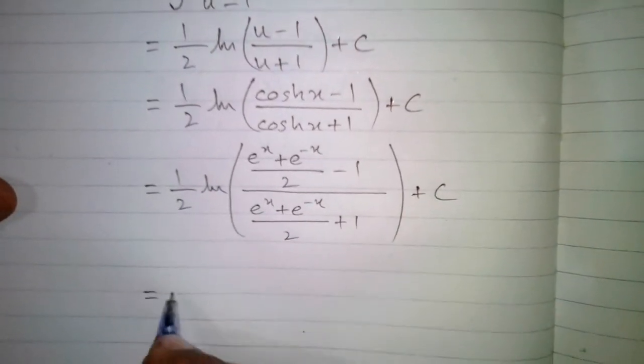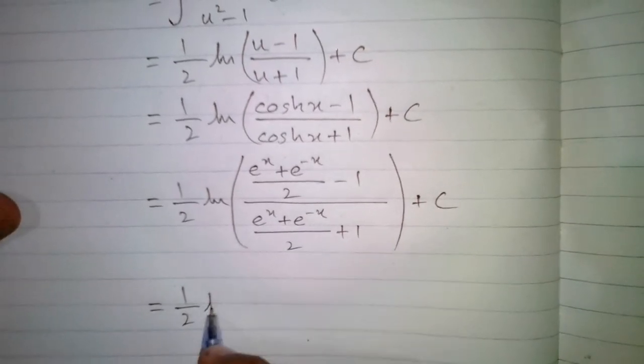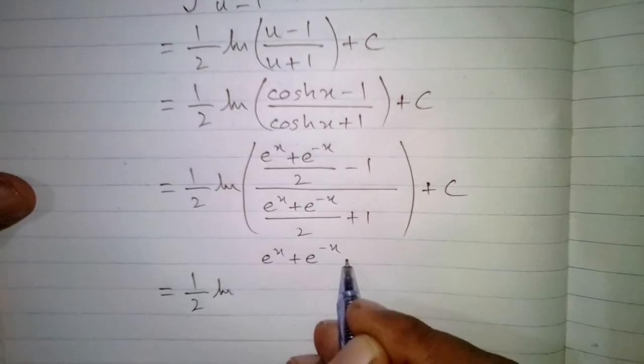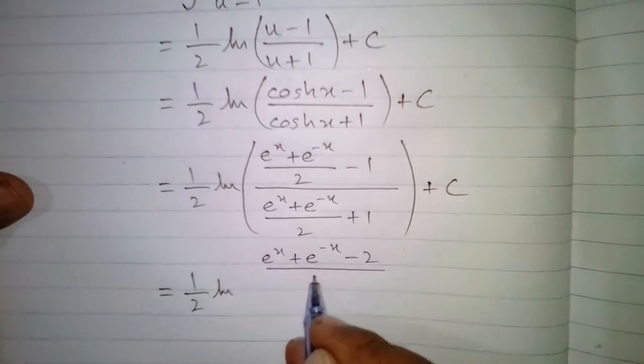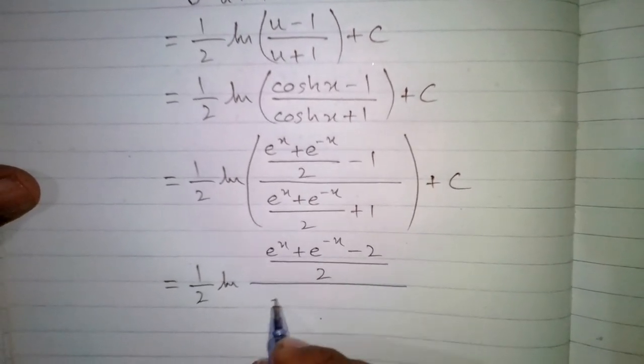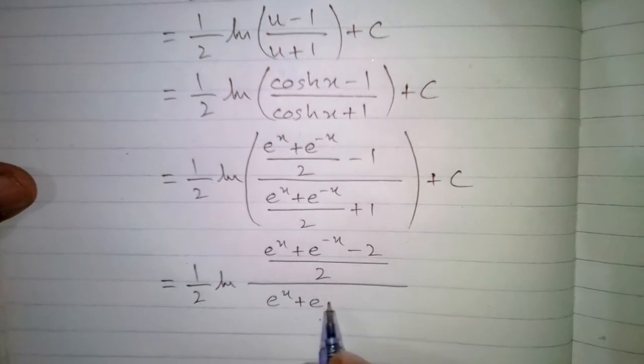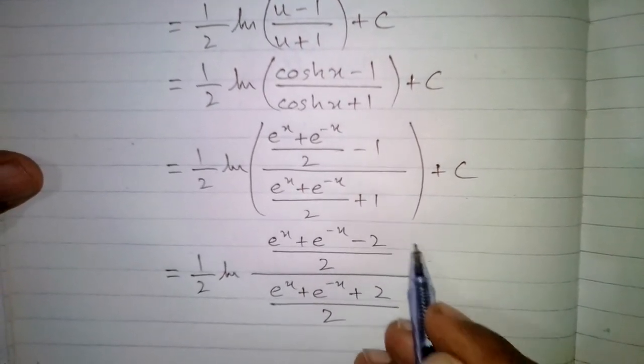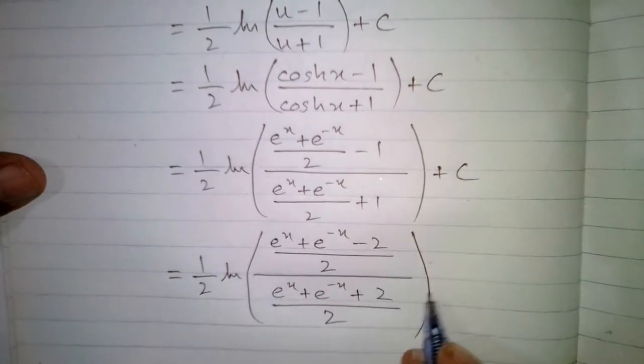and this can be written as half of ln e to the power x plus e to the power minus x minus 2 upon 2 over e to the power x plus e to the power minus x plus 2 upon 2 plus c.